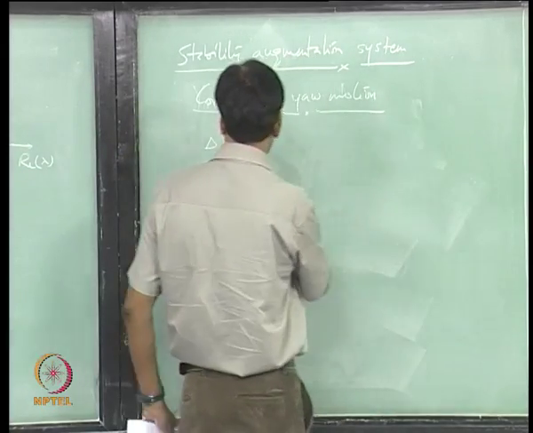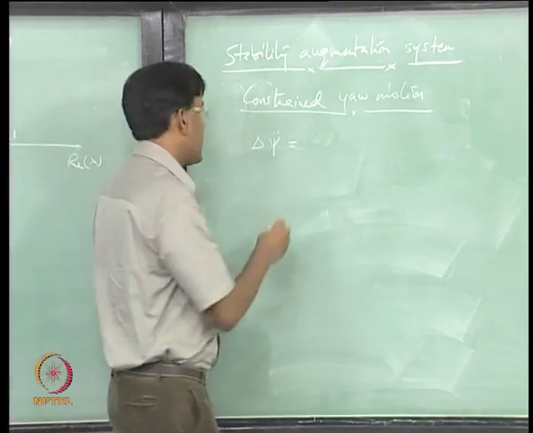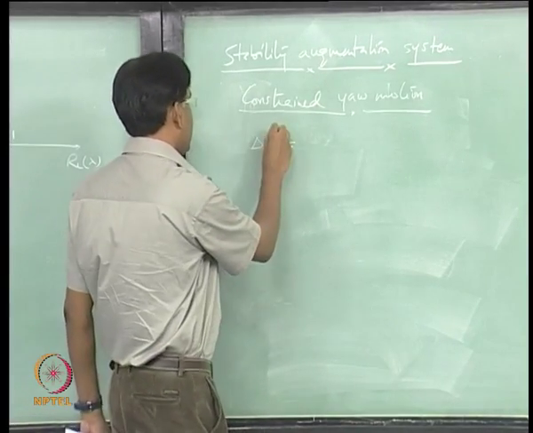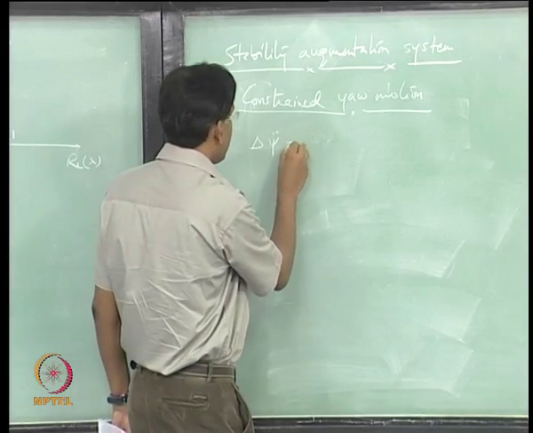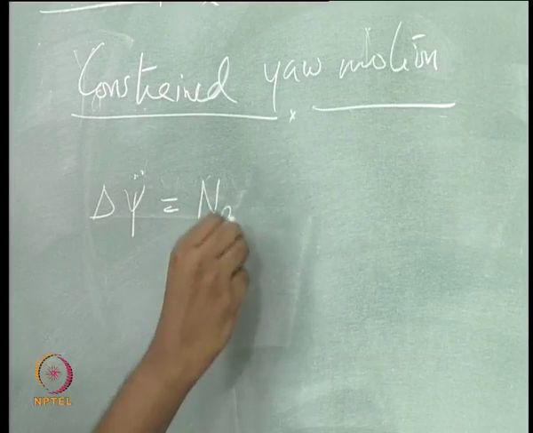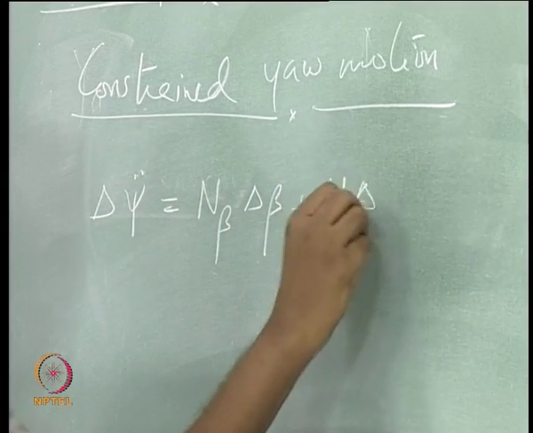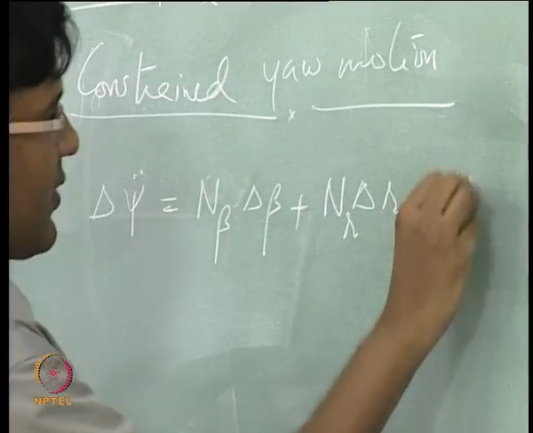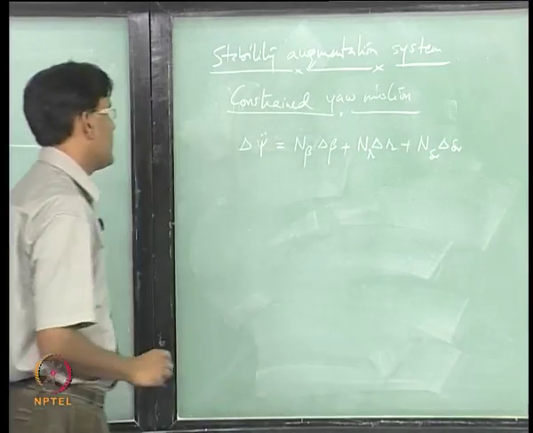So, aircraft had only one degree of freedom, that was in yaw, and the equation of motion in the perturbed variables around the equilibrium state turned out to be this.